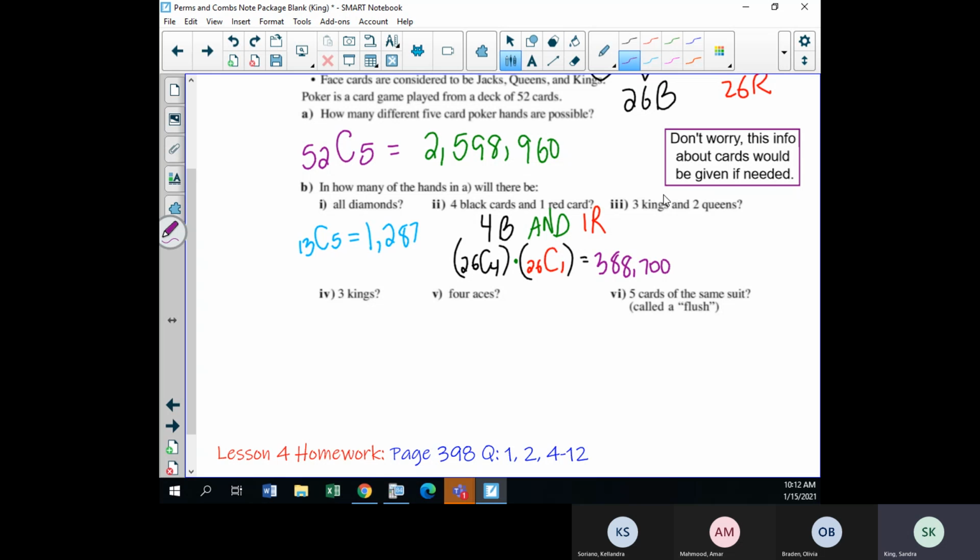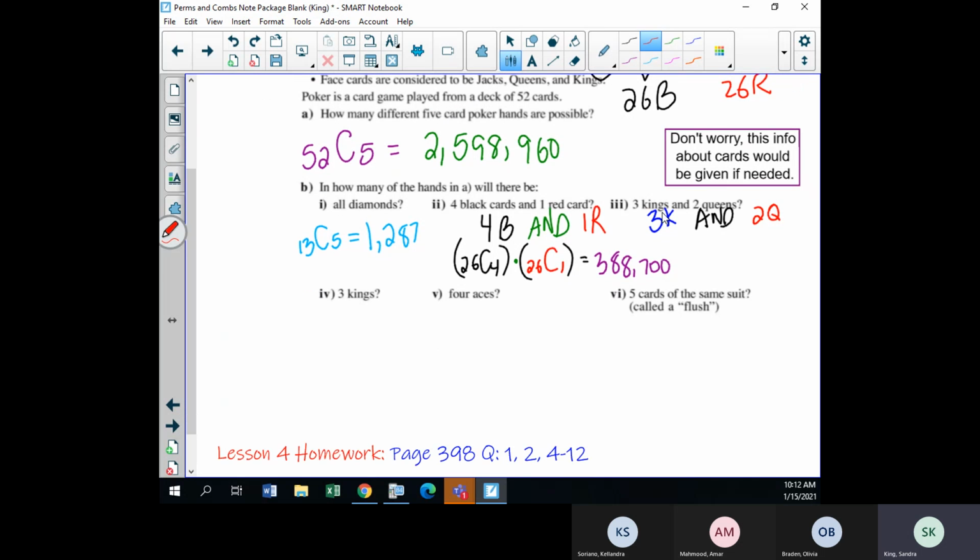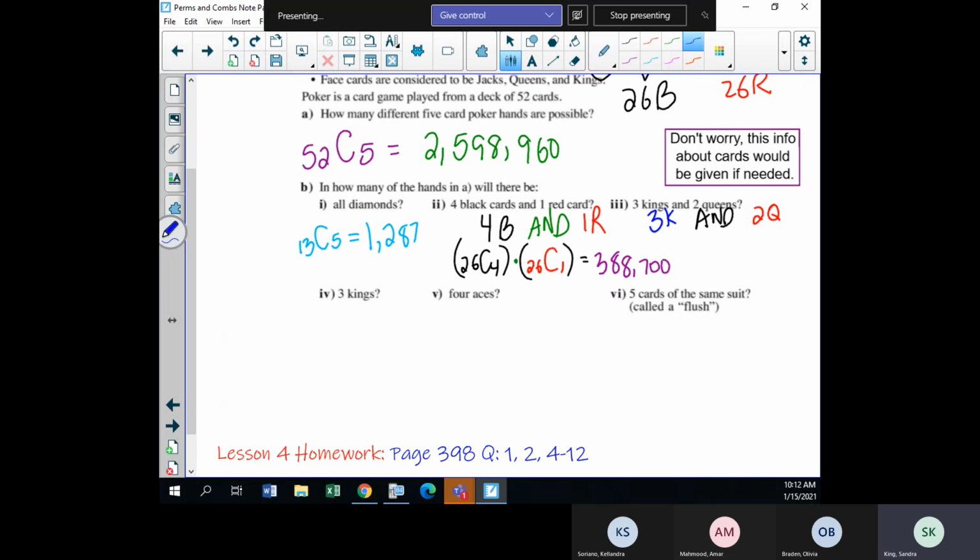How many different hands are possible if you draw 3 kings and 2 queens? You have to figure out how many kings are in a deck, and we're going to draw 3. How many queens are in a deck, and we're going to draw 2. So Brenna, how many kings are in a deck? 4. There's 1 of each suit. So 4 kings, choose 3, times queens.